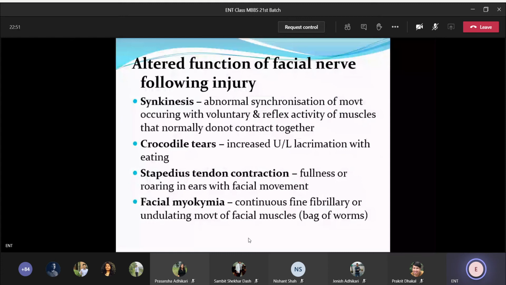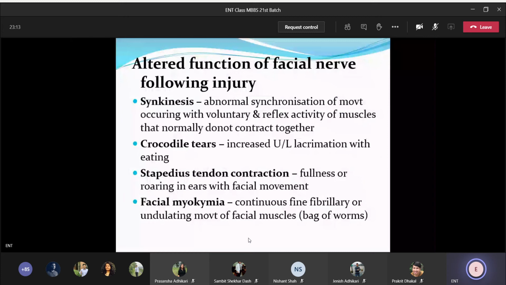There is an increased unilateral lacrimation while eating. So the gustatory fiber is going into the lacrimation.